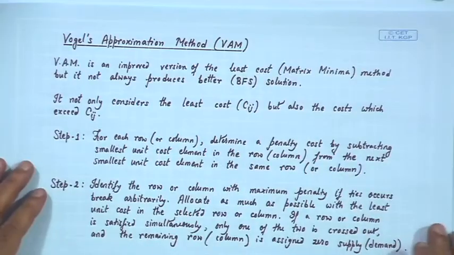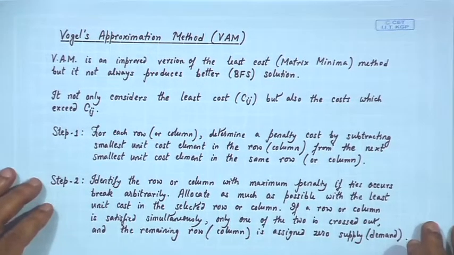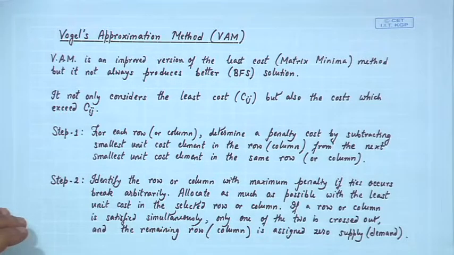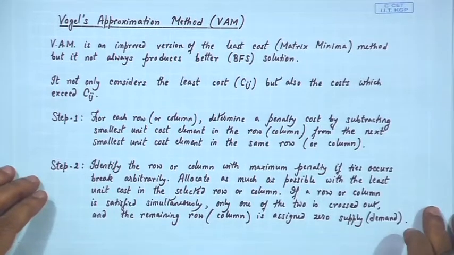So, one more method was developed after this, which is actually being used to find out the initial basic feasible solution. This we call Vogel's approximation method.